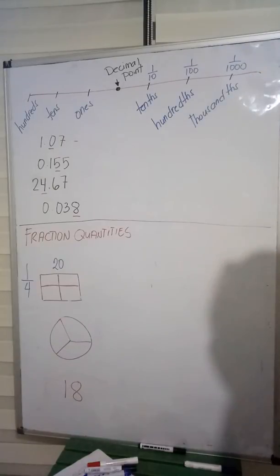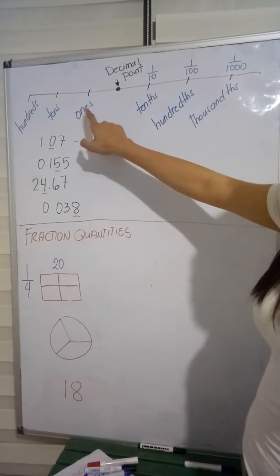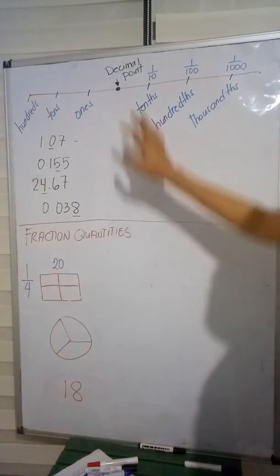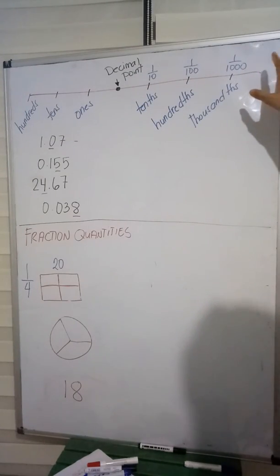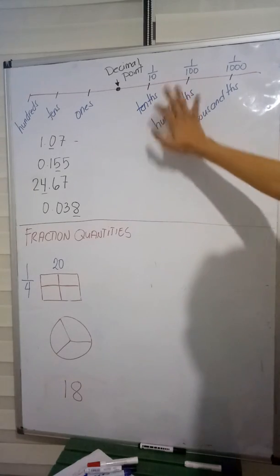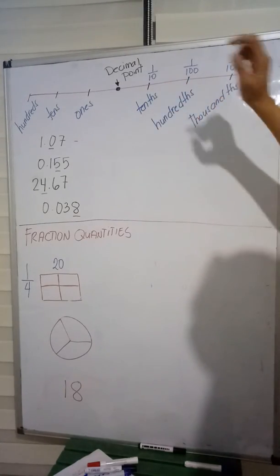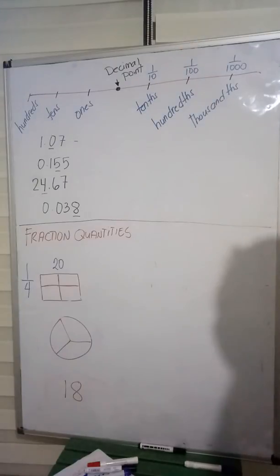If you're going to check the spelling, on the left side, like ones, we just add s: ones, tens, hundreds. On the right side of the decimal point, we add ths: tenths, hundredths, thousandths. So that's just the difference in the spelling.